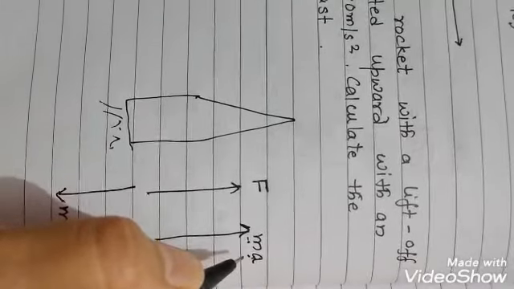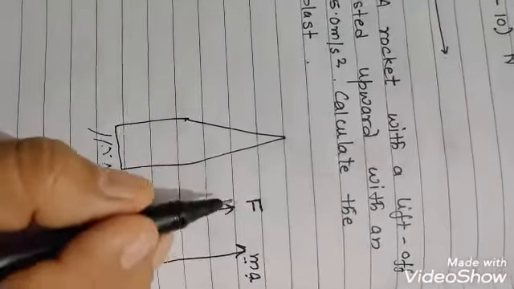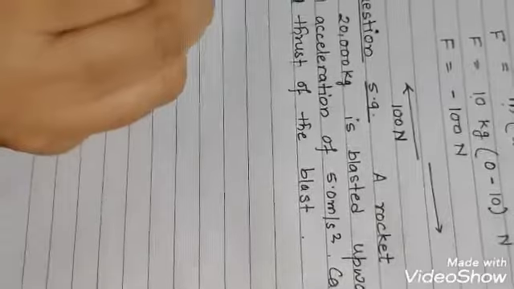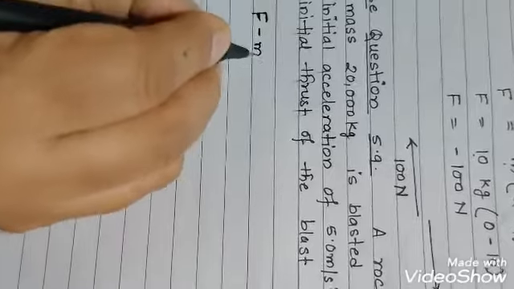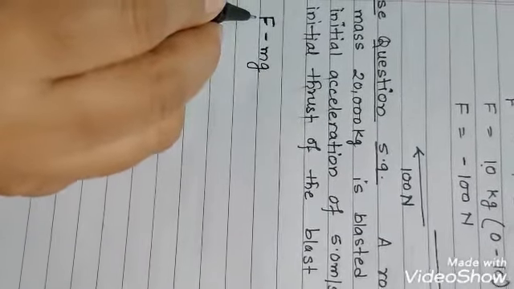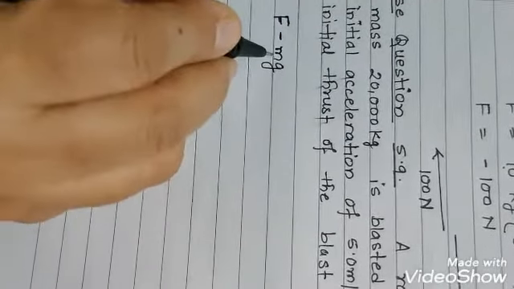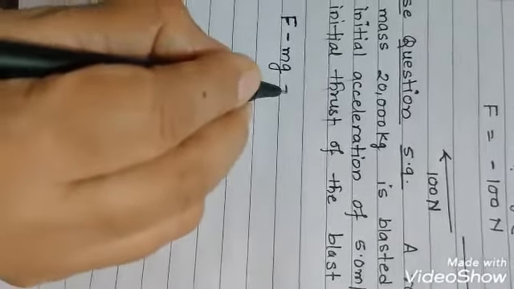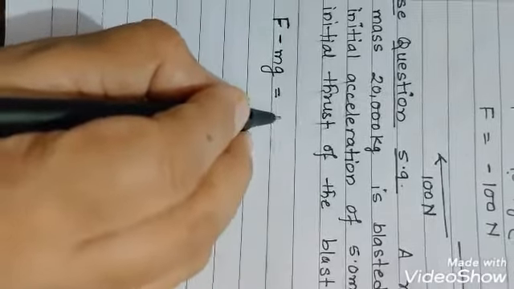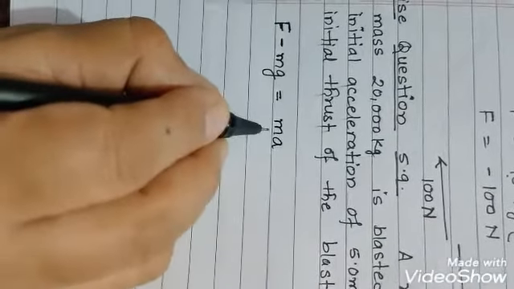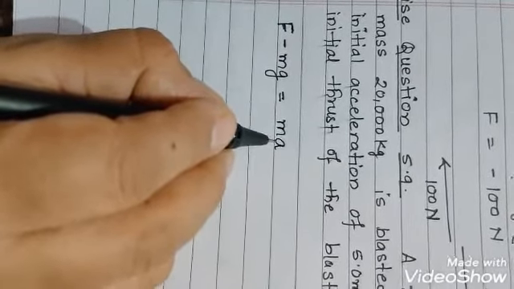So what we find here is that this force F is the initial thrust which is required, and mg is the weight of the rocket. The difference of these two will provide ma, meaning the acceleration by which the rocket is moving initially.